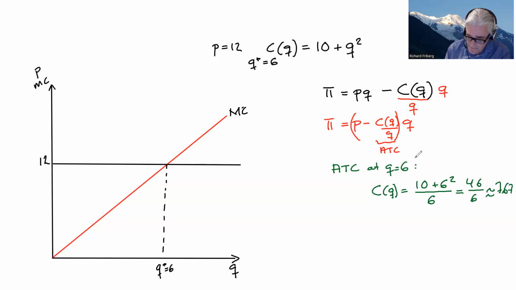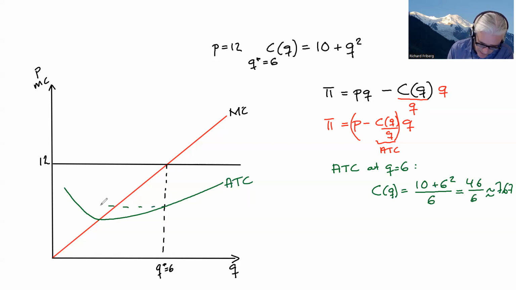And we can graph this, depict the average total cost curve in this diagram. Here I'm doing it by freehand, so this might not be perfectly in the right spot, but the key point is that we have the one important point on this average total cost curve, which is about 7.67 here.